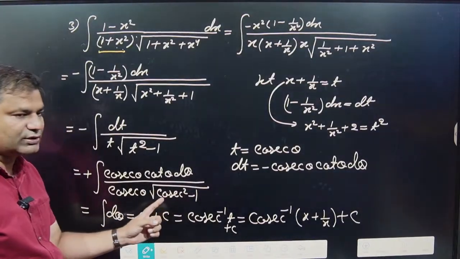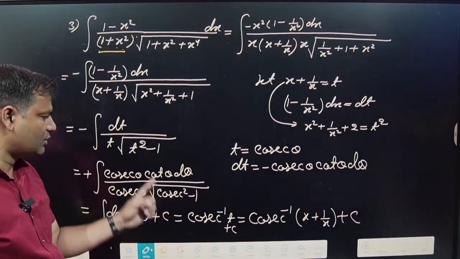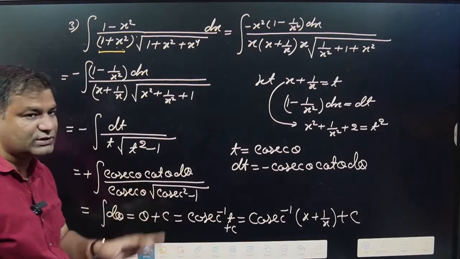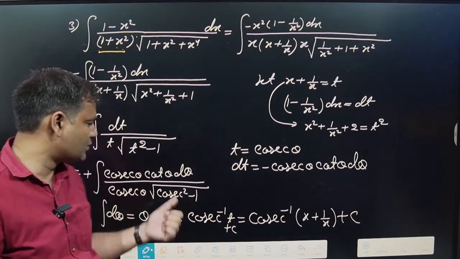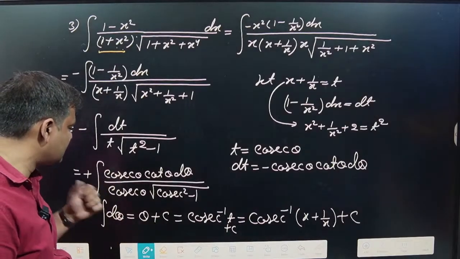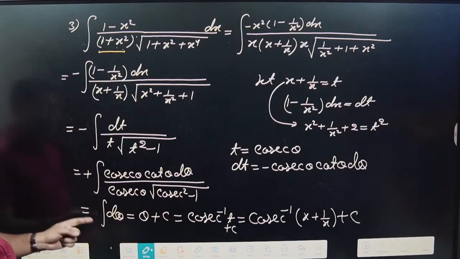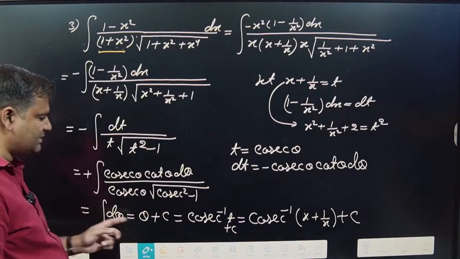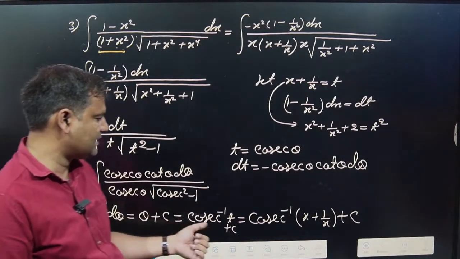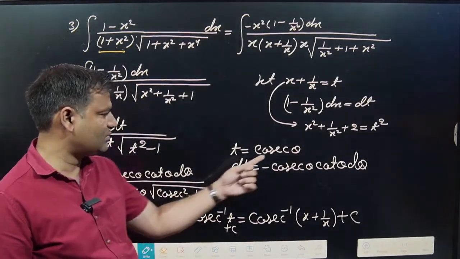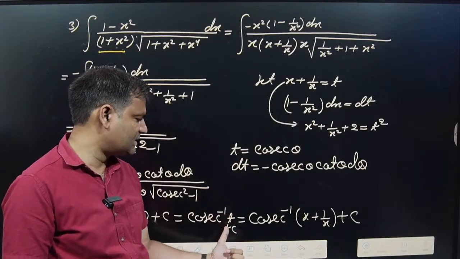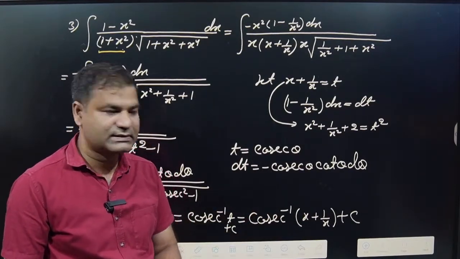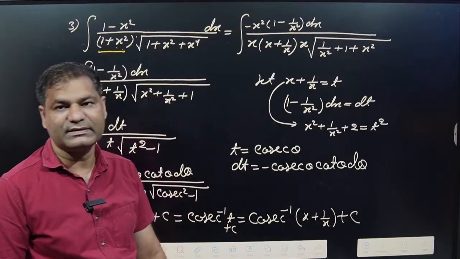This is cot square theta, so under root cot square theta is simply cot theta, so cot theta cancels, and this cancels, and we get simply plus d theta. The integration of d theta is theta plus c, so theta is written as cosec inverse t plus c, so t is basically x plus 1 upon x, and plus c is the right answer.